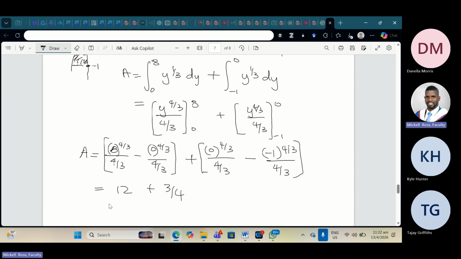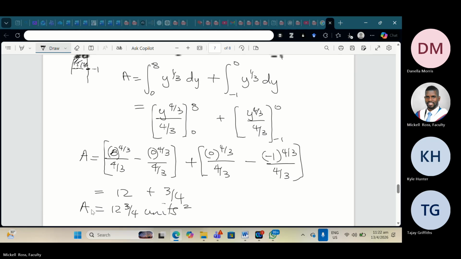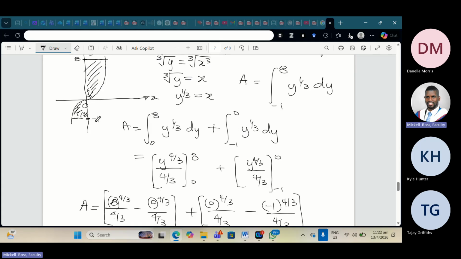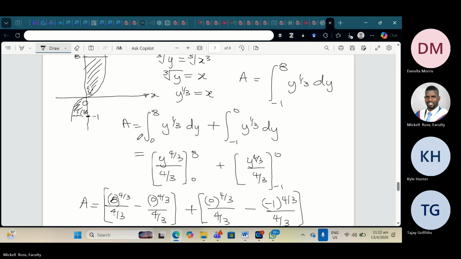So it's going to be 12 3/4 units squared. That's the area of both the top and the bottom part. We do this because, again, parts of the curve go below the x-axis.